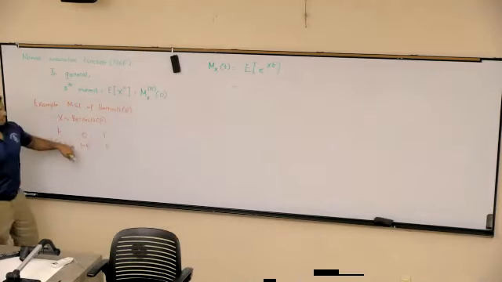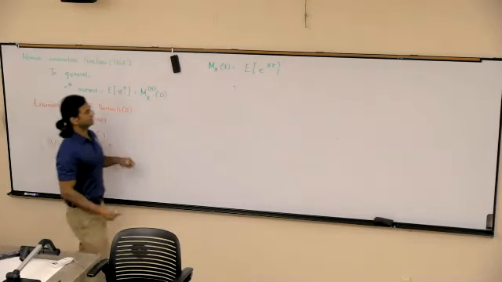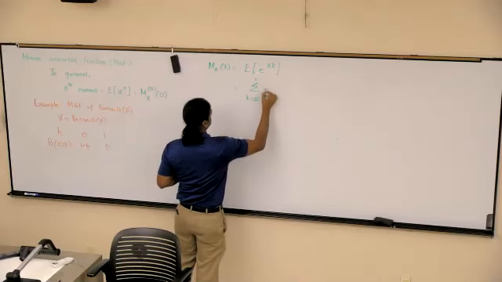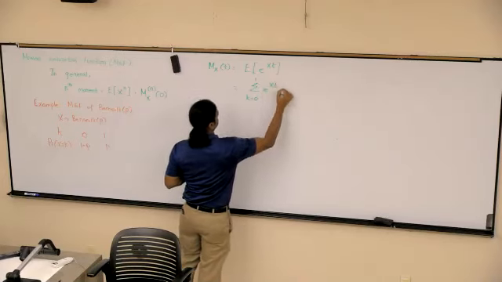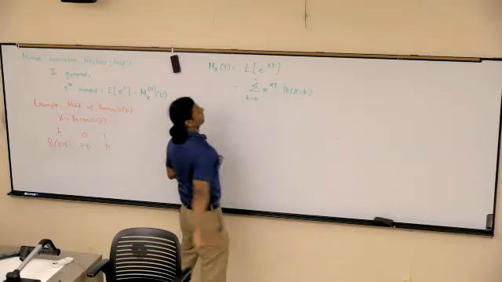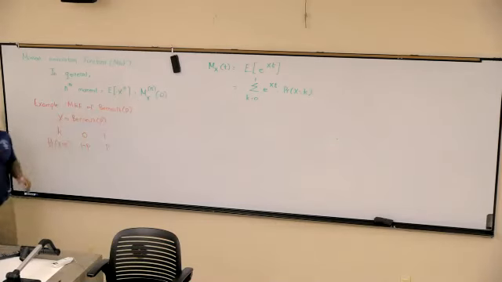So we've got to sum over the possibilities: the expectation of e raised to tX is the sum of e raised to tk multiplied by the probability that X is equal to k.